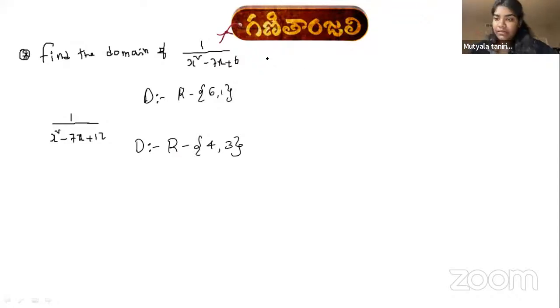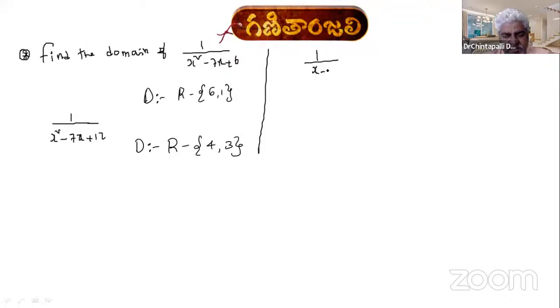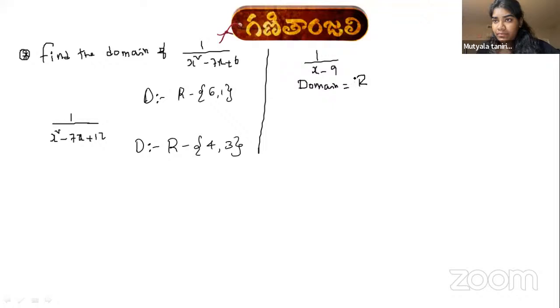Even if I didn't explain that method, what's the domain of 1 by x minus 9? Sir, all real numbers except 9. So the domain is R minus {9}.